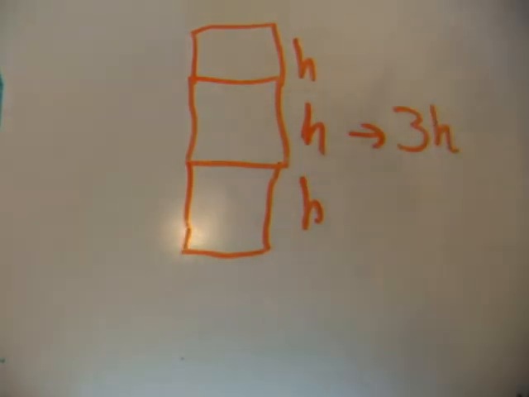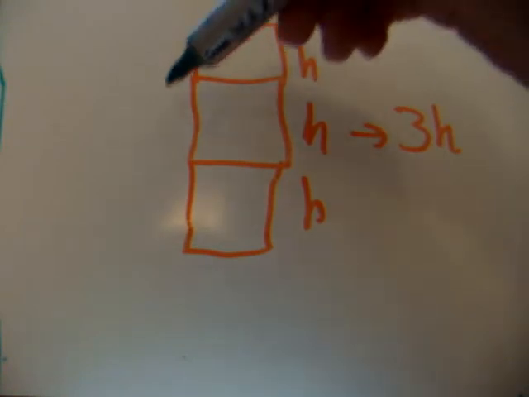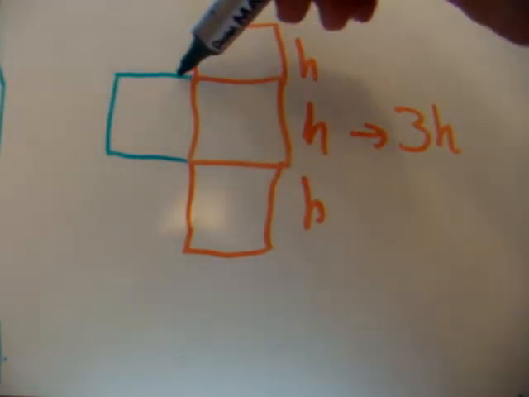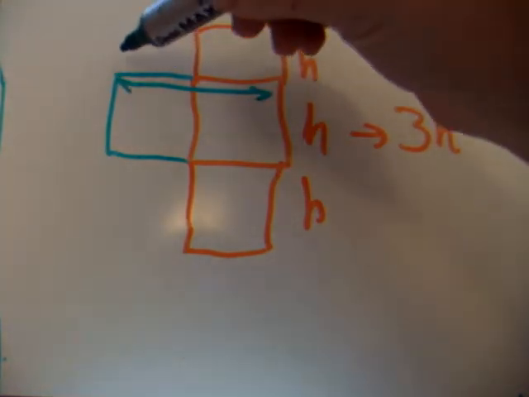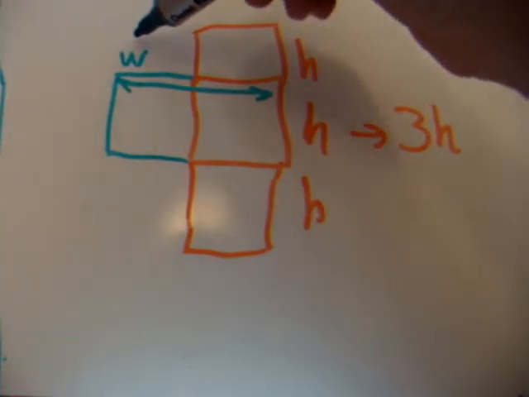So your transformations become multiplied. Again, if I wanted to take that original box and draw something that was twice as wide, I would have to multiply the width by 2.